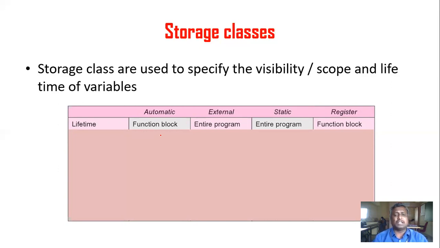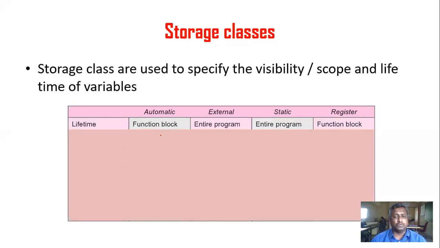First, the lifetime of a variable for different storage classes. If you declare a variable to belong to the automatic storage class, then its lifetime is the lifetime of the function. As long as the function block is alive, the variable will also have a life.